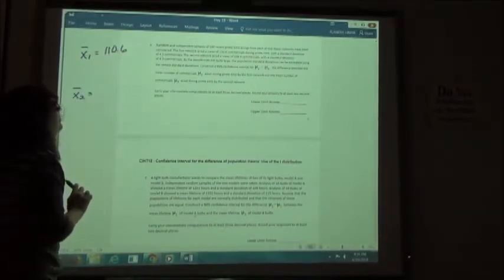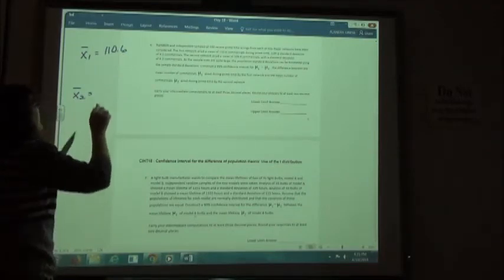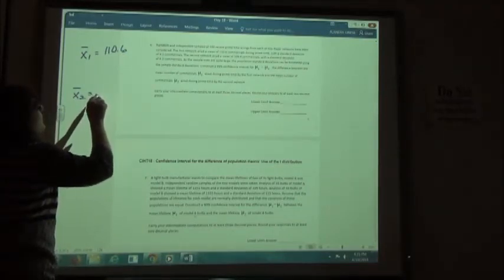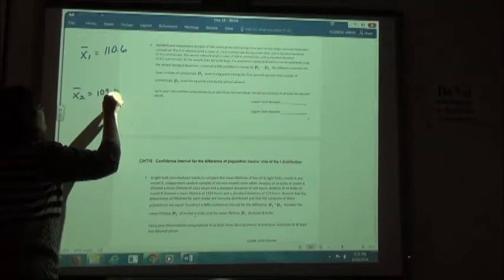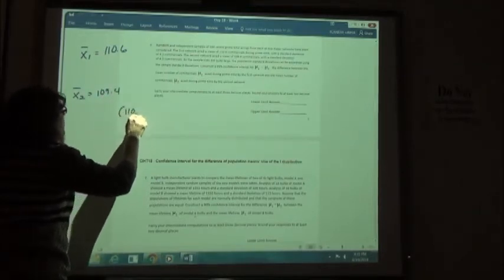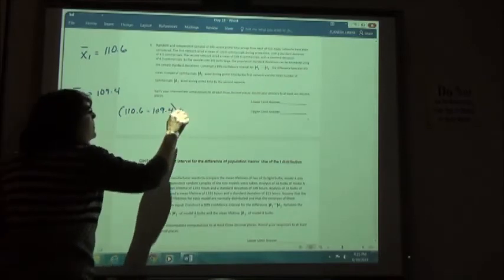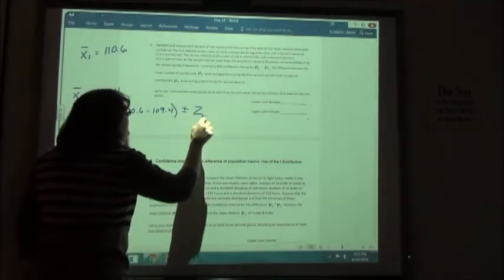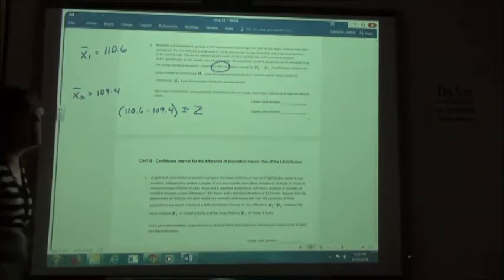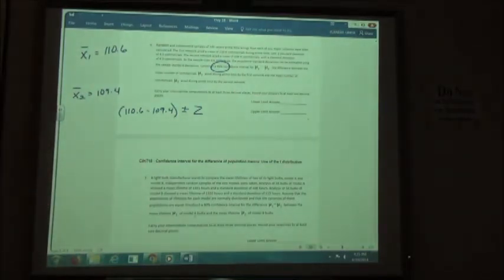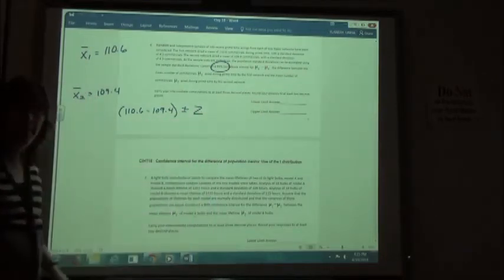What's the mean from sample 2? 109.4. So we're going to take our 110.6 minus our 109.4, right? Plus or minus z sub. Again, they gave me 95%. I'm thinking they always might give you 95%. So if it's 95%, what are we going to use for z sub what?